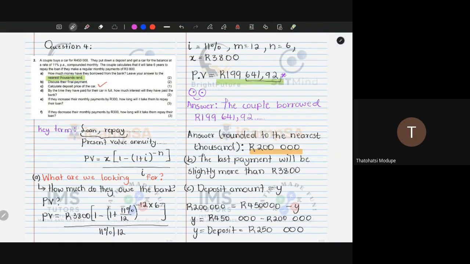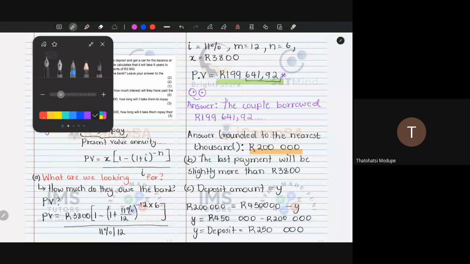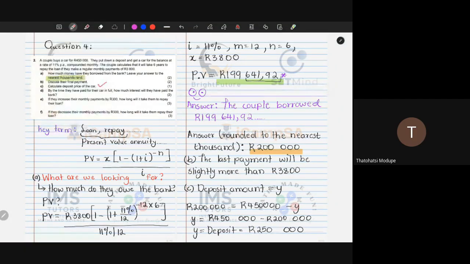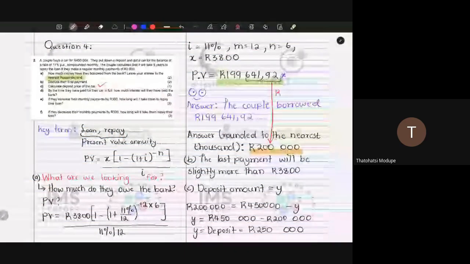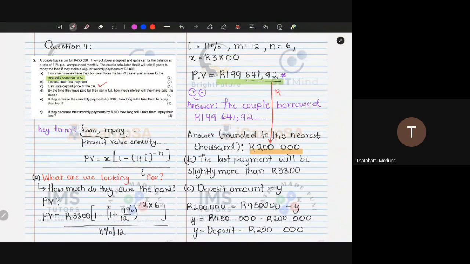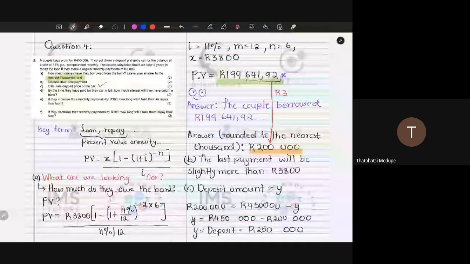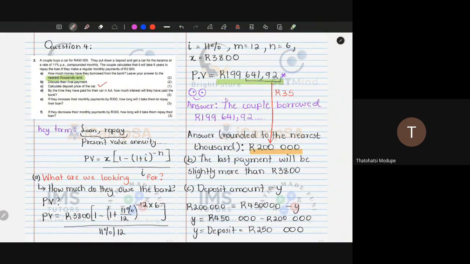Anyone? Are you getting it, guys? It's 358.08. On point. So because the bank rounded this up, or at least we assume that, it means on the last month we need to pay in an extra, you said 300 and what? 358.08.